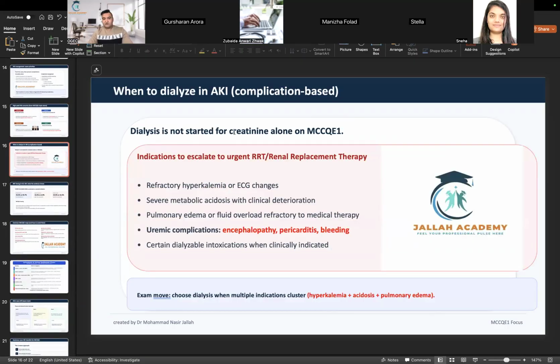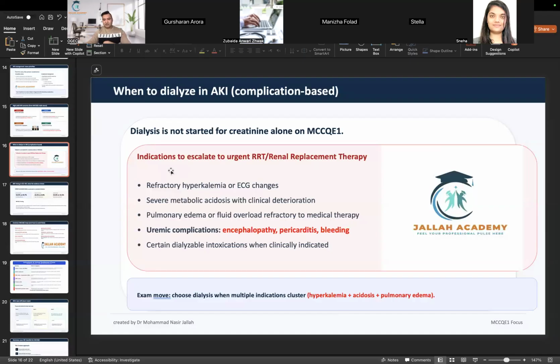Dialysis is not started for creatinine alone on MCQ1. Again, if you notice, I mentioned that if you have a combination of things, not just the creatinine itself: creatinine is abnormal, dehydration for a long time, the patient is not getting enough treatment or not compliant with the treatment, the patient is unresponsive to the treatment, and so on and so forth.